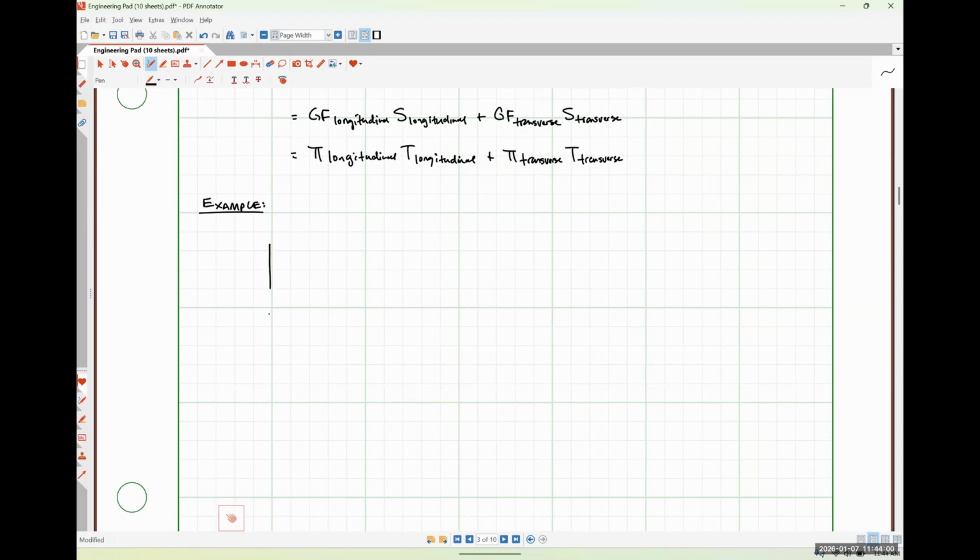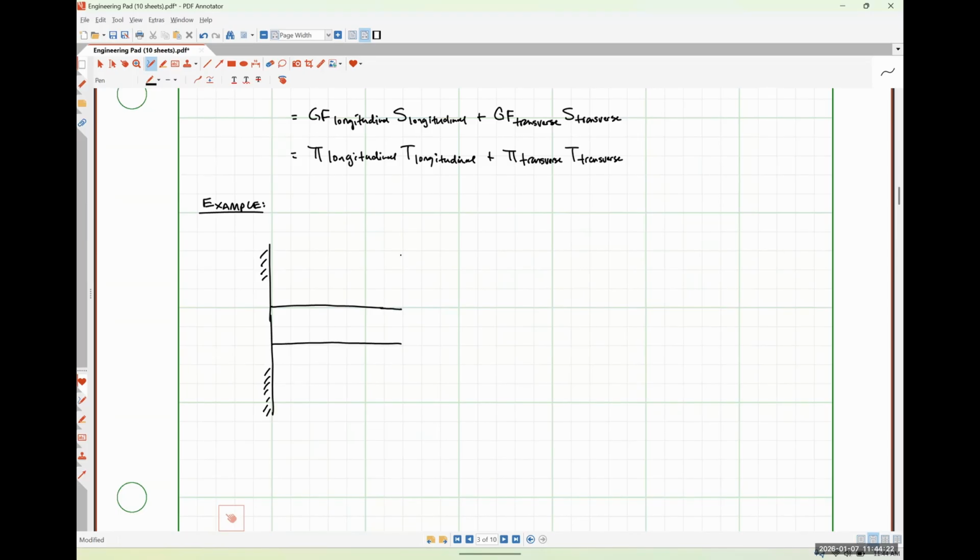So consider the following microstructure here. I've got essentially an anchor point over here on the left-hand side of the page. And then I'm going to have a cantilever beam sticking out like so.